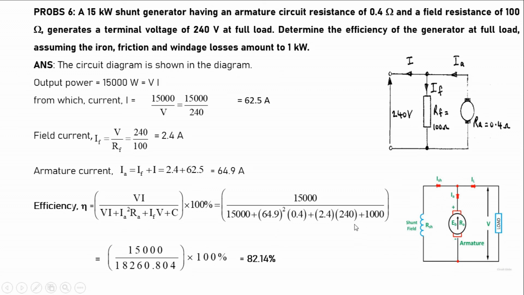So 240 into shunt field current is the shunt field loss. This is also I square R. The shunt field loss plus other losses, 1 kilowatt, 1000 watts, has been given. If you substitute everything, we get efficiency as 82.14%. Like that we can solve the problem.